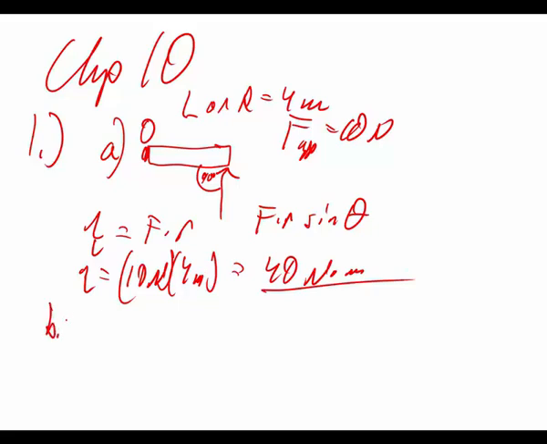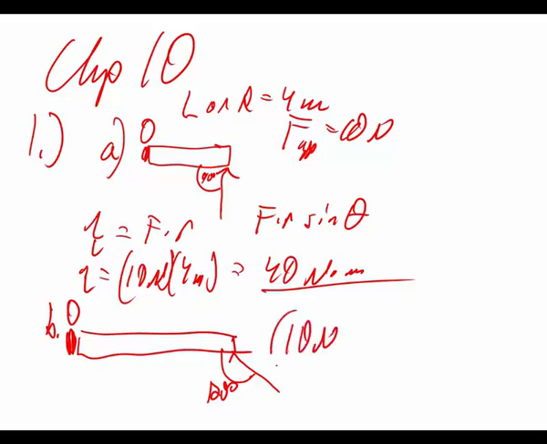All right, what about B? All right, let's draw it again. We got the bar. Here's the point O. The force applied, however, is now at 120 degrees. Well, now we've got to use our sine, don't we? We've got 10 newtons times 4 meters, sine of what? 120.